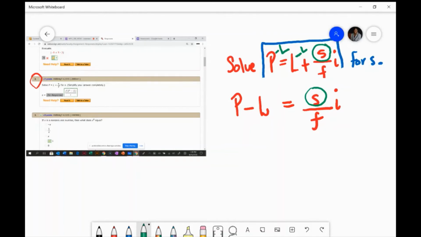Because all of this is considered division and multiplication, so I have to do the inverses, which somebody talked about earlier. It's really inverse operations. You don't have a minus sign on the right, so you can't add anything. But since we're dealing with division, we have to do the inverse, multiplication. So we're going to multiply both sides by F.